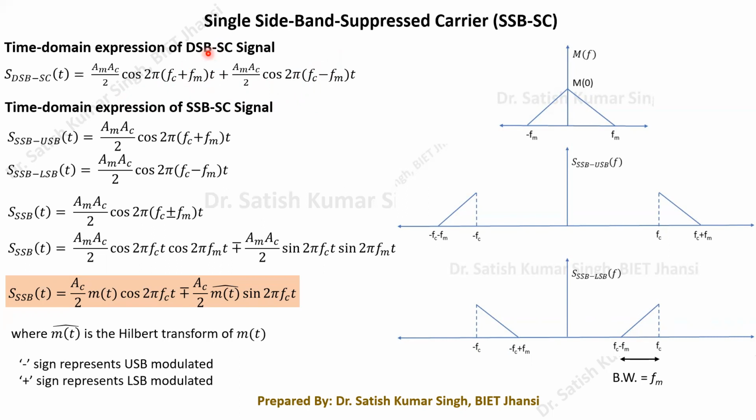Let us suppose we want to generate an SSBSC upper sideband modulated signal. In this case the time domain expression will be AmAc/2 cos 2 pi (fc + fm)t. This is our expression for the SSB USB modulated signal.